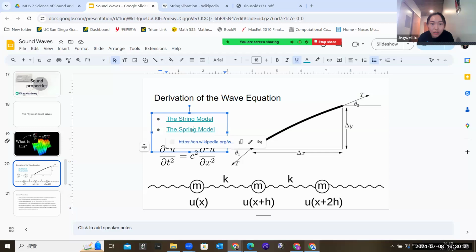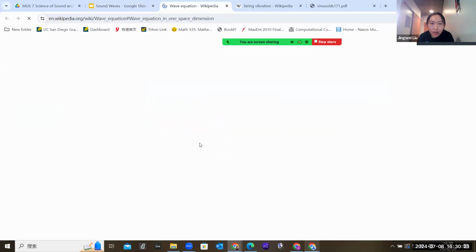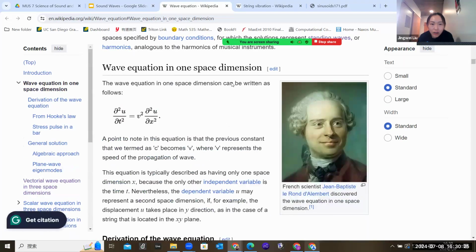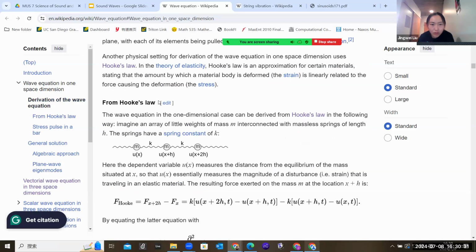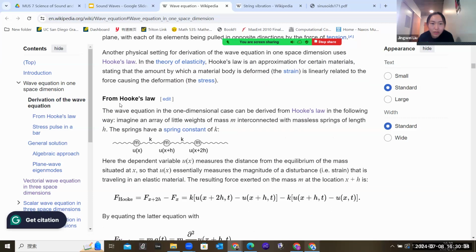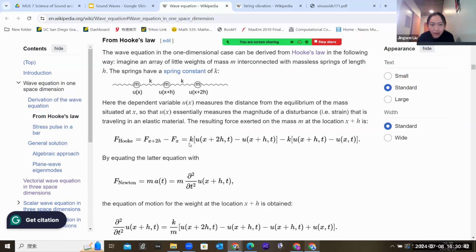Another model is the spring model. So this is the form of the wave equation, right? In the derivation, the spring model actually uses Hooke's law. Hooke's law is F equals kx.